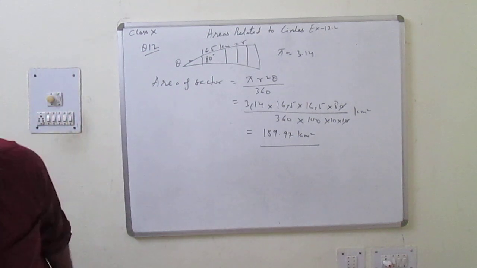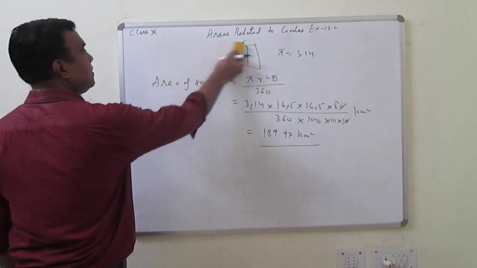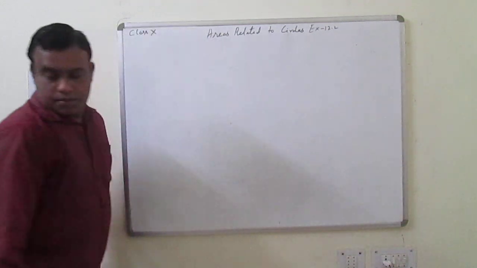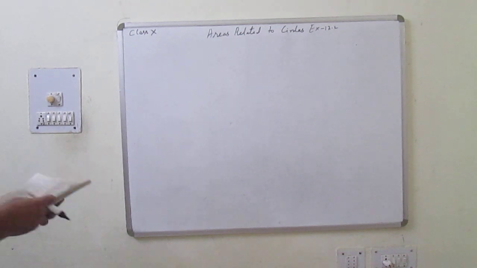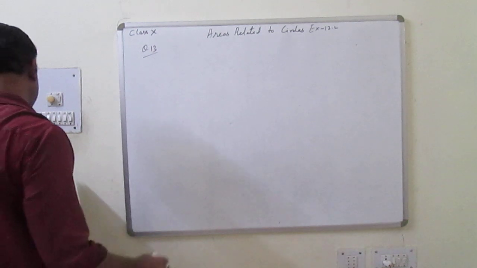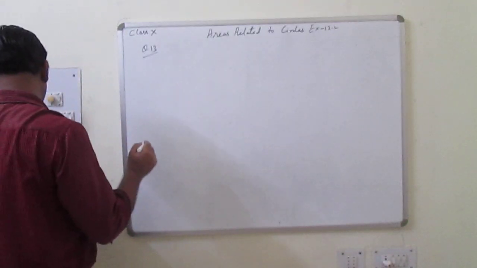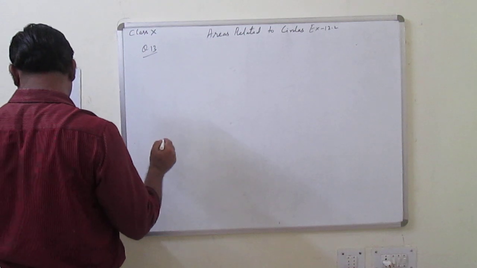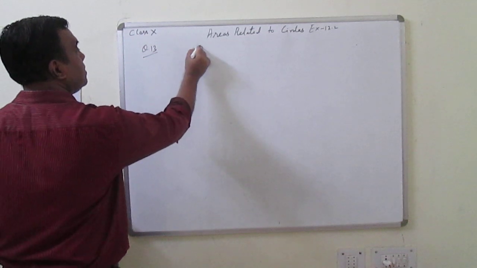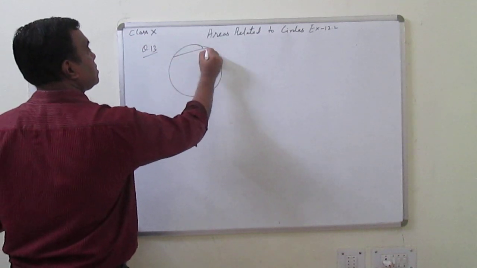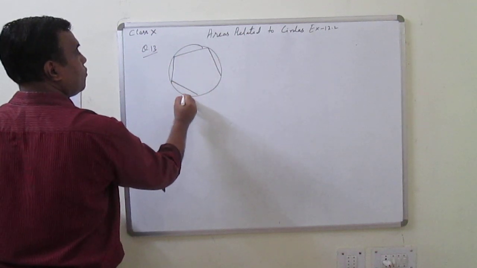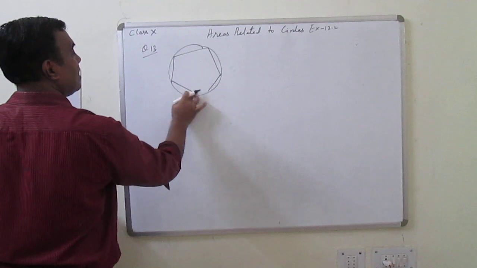Now, question number 13. A round table cover has 6 equal designs as shown in figure. If the radius of the cover is 28 cm, find the cost of making the design. These are 6 equal designs, 1, 2, 3, 4, 5 and like that.